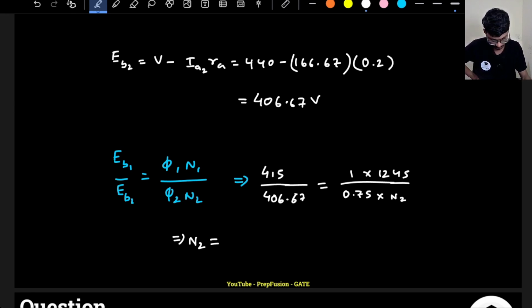So 1245 into 406.67 divided by 0.75. Okay, sorry, into 0.72 divided by 0.75 and divide by 415. So 1626. Okay, so 1626.68 RPM will be the speed in the second case.